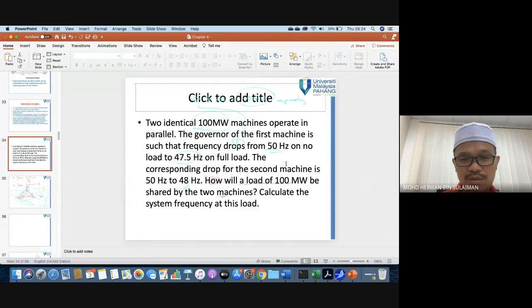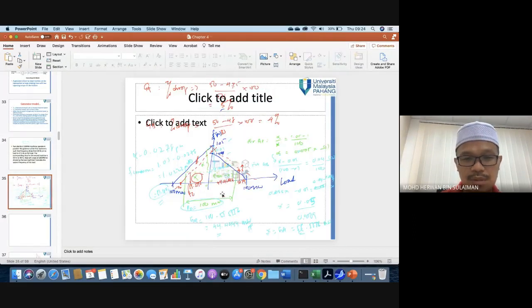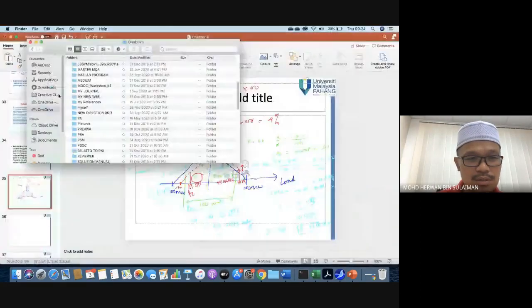So the trick is I didn't give the groups, so you need to find the group. Biasa student masa ni dia hilang, dia blank, dia tak boleh buat, they don't know how to start. Okay, so let's take a look at the example.